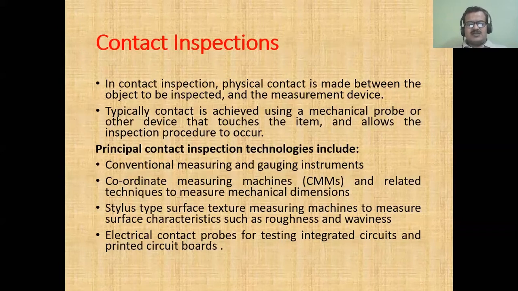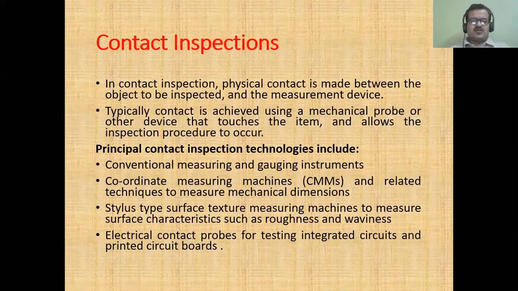It takes the image from some distance, and that image is being analyzed, and then the decisions or the actions are being taken up. Stylus type surface structure measuring machines are also the contact type of inspection to measure surface characteristics such as roughness and waviness, and electrical contact probes for testing integrated circuits and printed circuit boards. So these are contact inspection techniques.